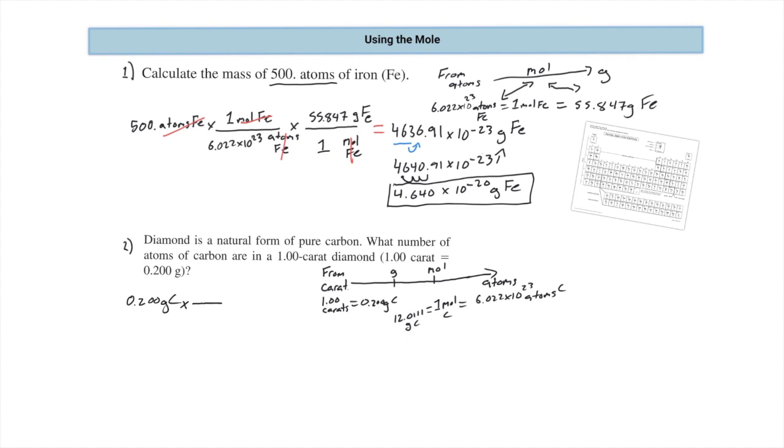So grams of carbon goes on the bottom. Well, where's our grams of carbon? It's here, but that was for that conversion. It's also here because we want to get to moles. So 12.0111 goes on the bottom. And 1 mole goes on top.